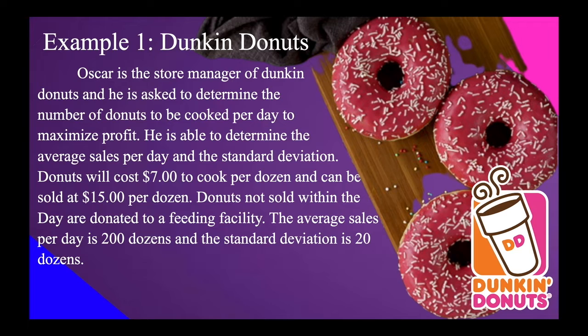Now, he is able to determine the average sales per day and the standard deviation. The donuts will cost $7 to cook per dozen and can be sold at $15 per dozen. Now, the donuts not sold within the day are donated to a feeding facility.